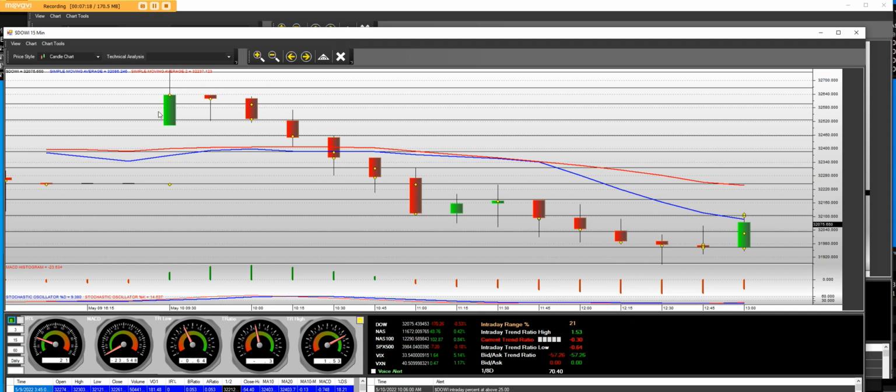That's how to sell short the gap. How to sell short the gap on the Dow, and using the ETFs, the ultra shorts.